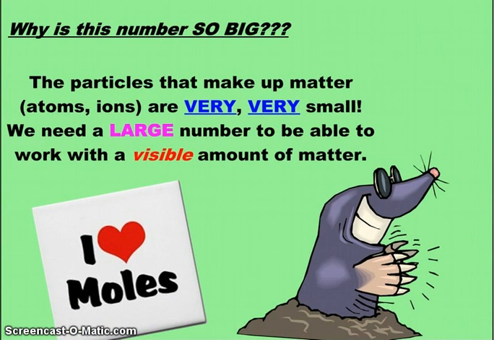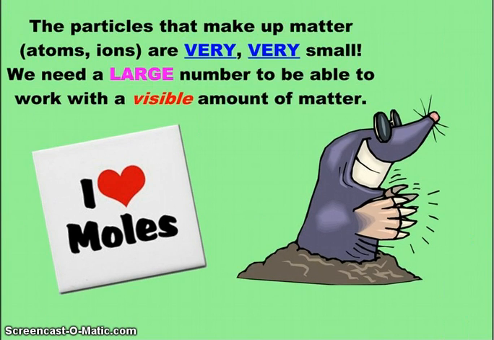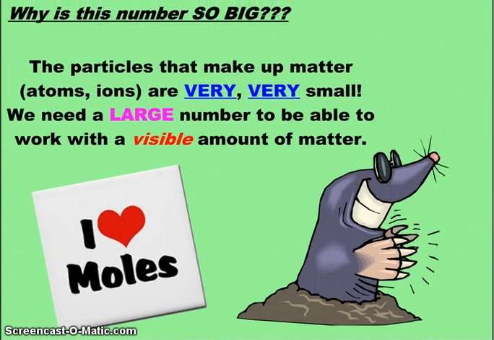Why is it so incredibly big? Well, it's because the particles that make up the matter that we deal with are very, very small. We need a lot of them put together in order to work with a visible amount of matter.